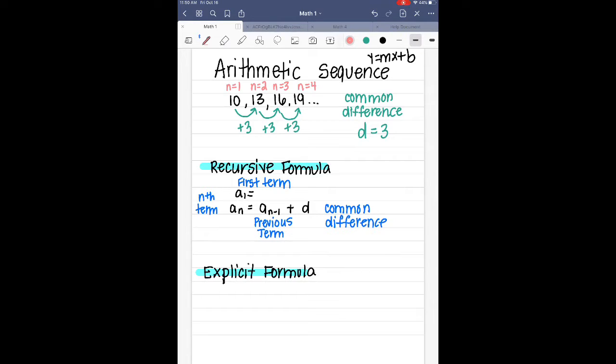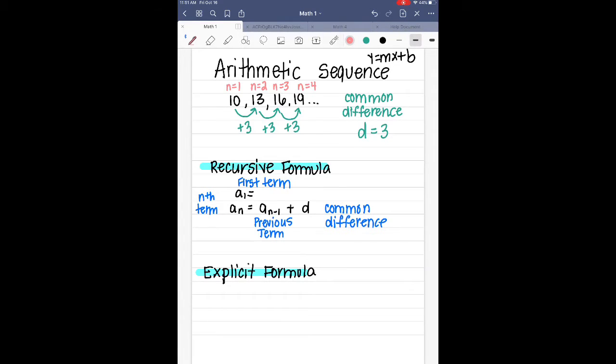We could keep going, but n represents the term number. The two formulas we're going to talk about are recursive and explicit. Recursive is the formula that can take the most time because you have to know your previous term in order to find your next term. So if you want to find term 100, you would have to do it 99 times in order to get to the 100th term value.